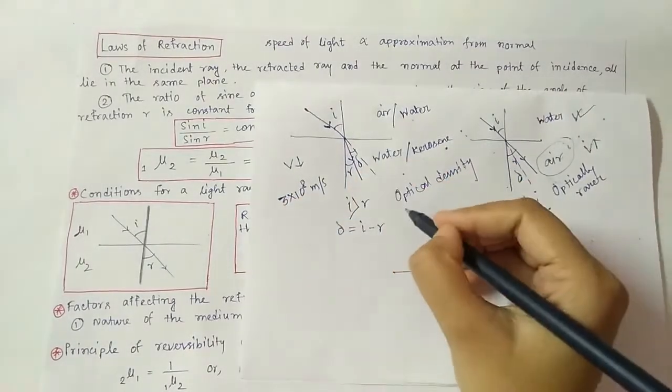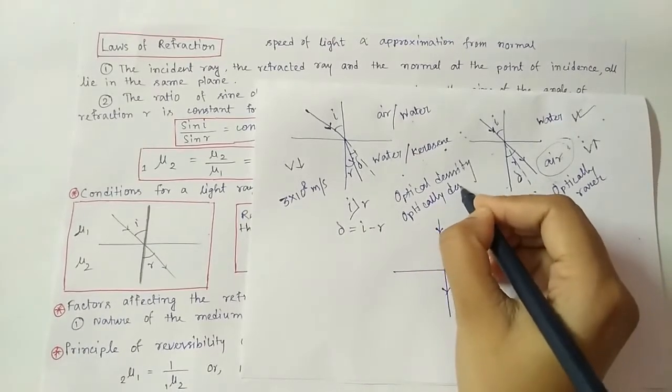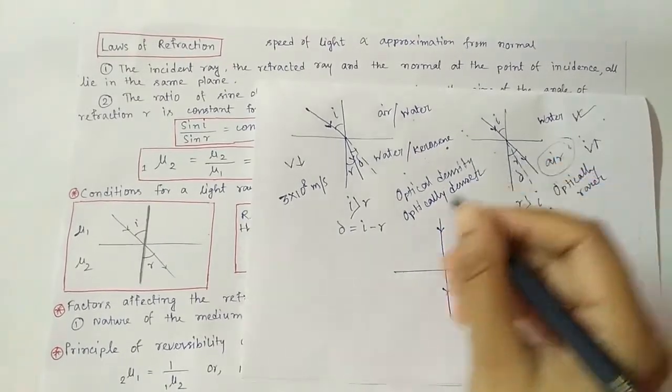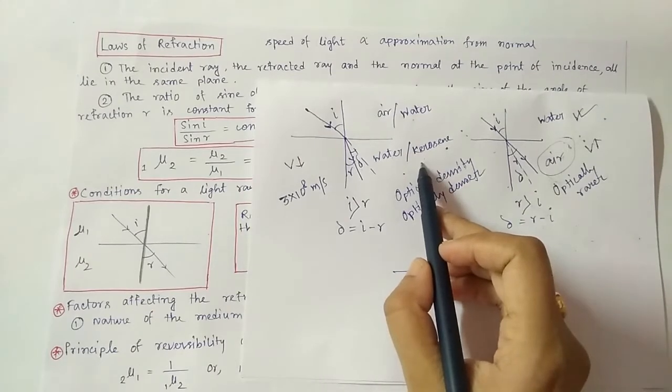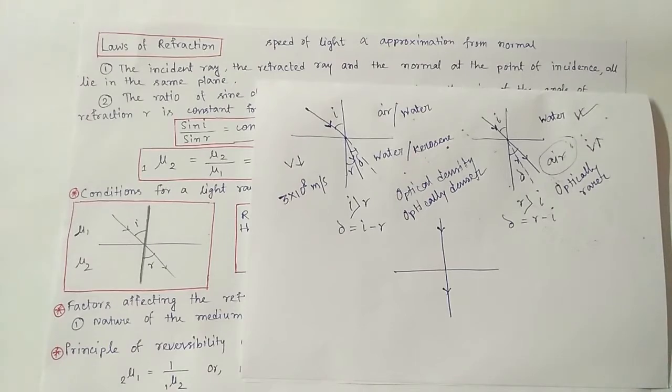That is why we say that water medium is optically denser than air medium, or that kerosene is optically denser than water medium. I hope you understand the thing.